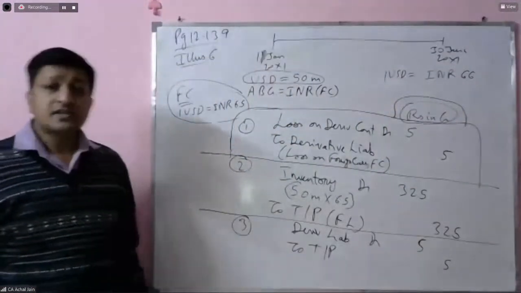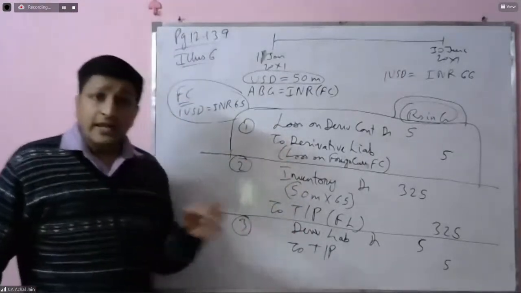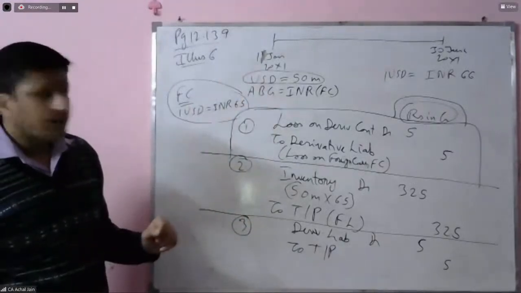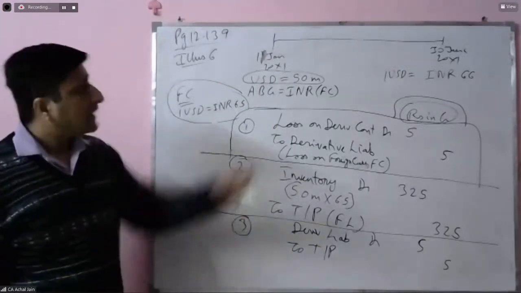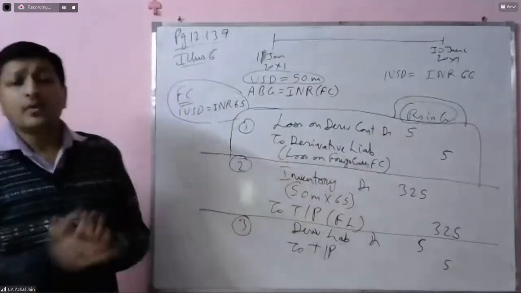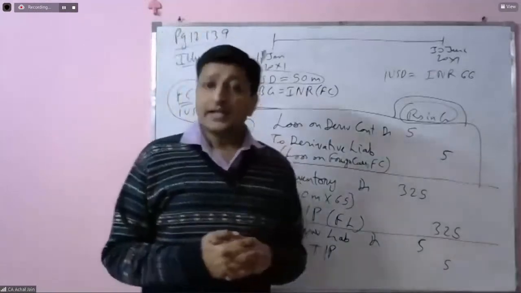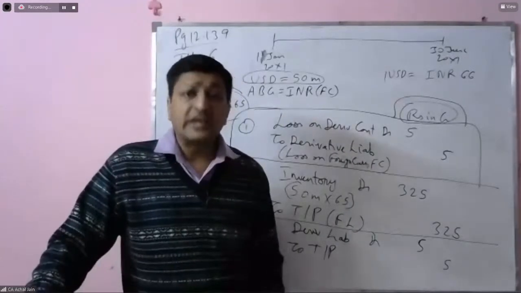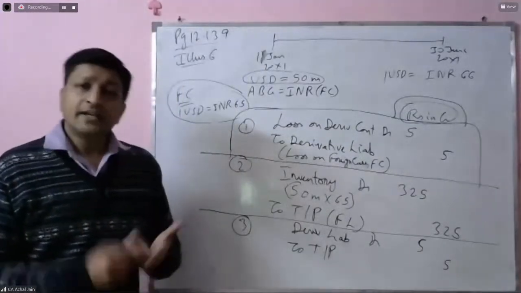You may have a question: sir, why are we getting into such complicated accounting? Can we not record it straight away as inventory debit to trade payable on the date of entering into this contract, or on the date of purchase, and then pay it off at 66? We can do that. There is absolutely no problem in doing that. But you need to understand that whenever you enter into any such contract wherein there is an embedded derivative involved, such an embedded derivative needs to be accounted for.